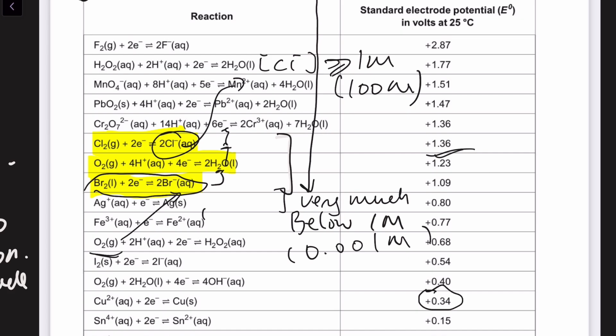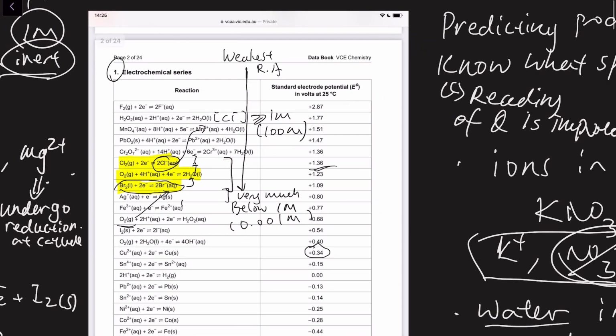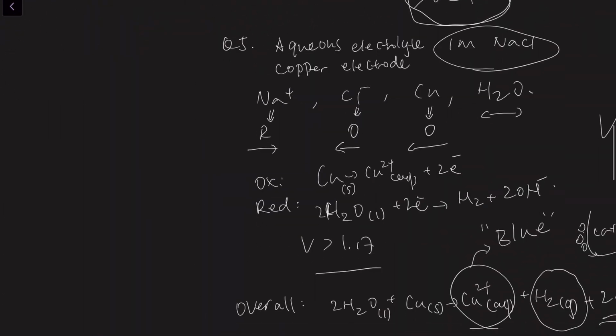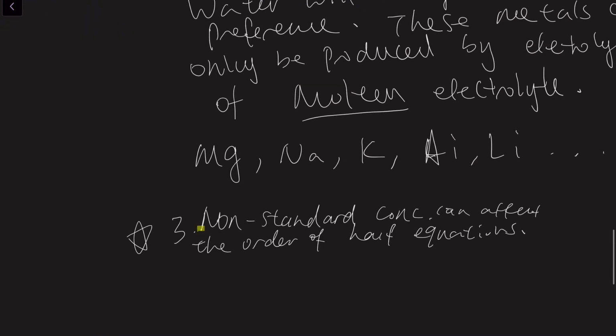So we see the production of either oxygen gas or chlorine gas. But in any case, the correct answer is that because the concentration of bromide ion is too low, either water or chloride ion are preferentially reacted. So that's how you answer those kinds of questions. This third point is really, really important.